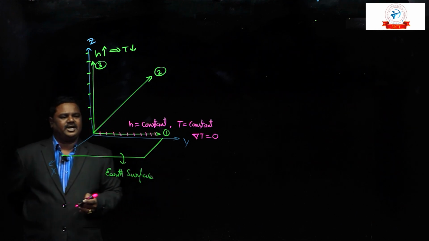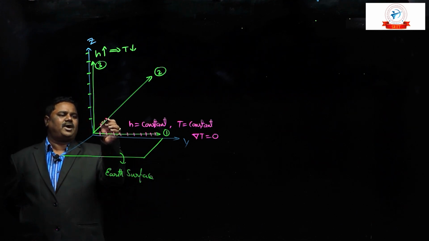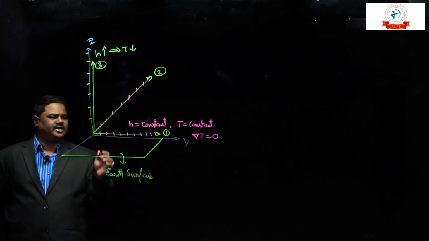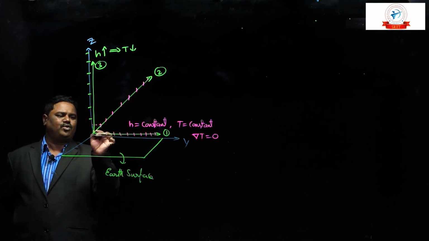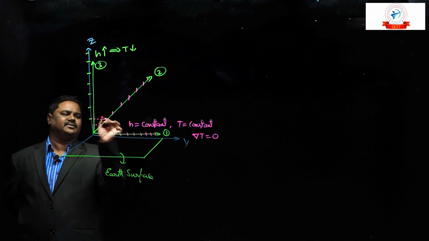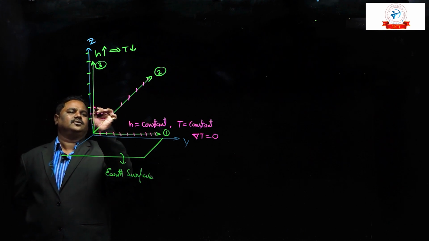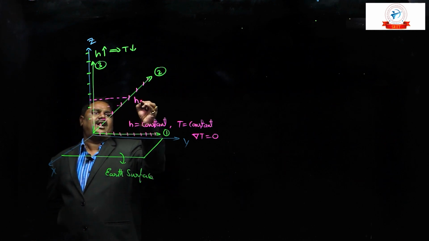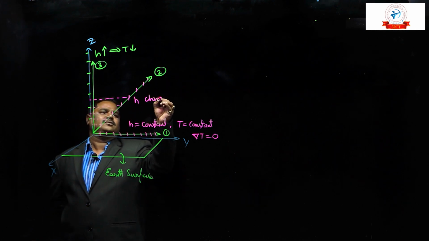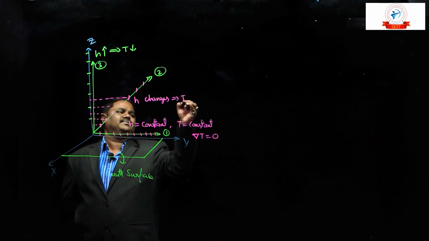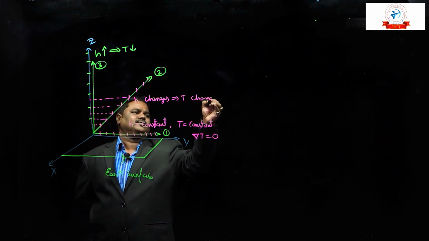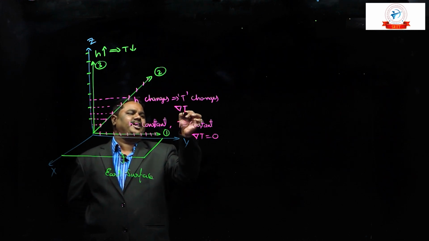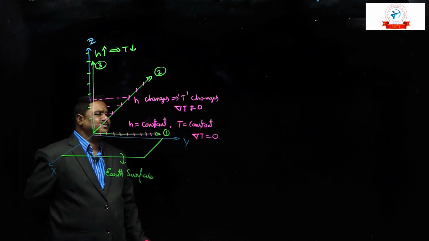Similarly, if you move along path 2, does the height change or not? Yes, absolutely. When you move along this path, height is changing. When height changes, temperature also changes. When temperature changes, gradient of T may not be equal to 0.